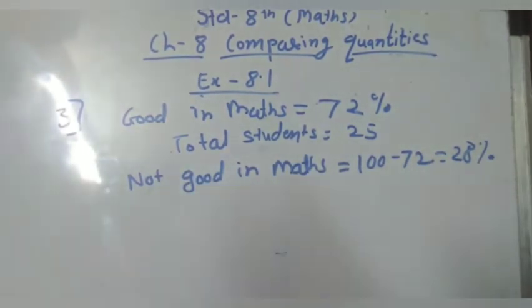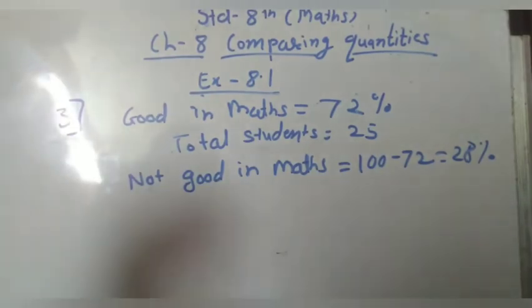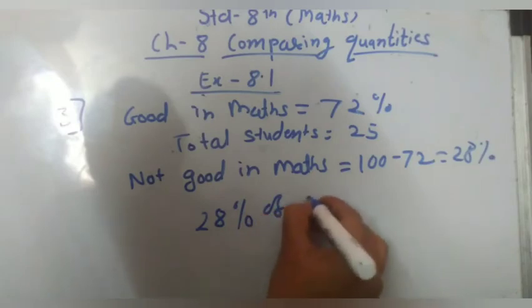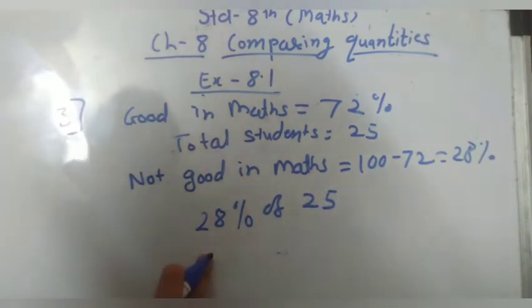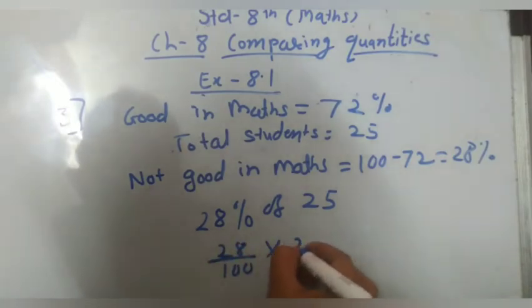Now we have to find out the number of students out of 25 who are not good in maths. So 28% of 25, means 28 upon 100 multiplied by 25.